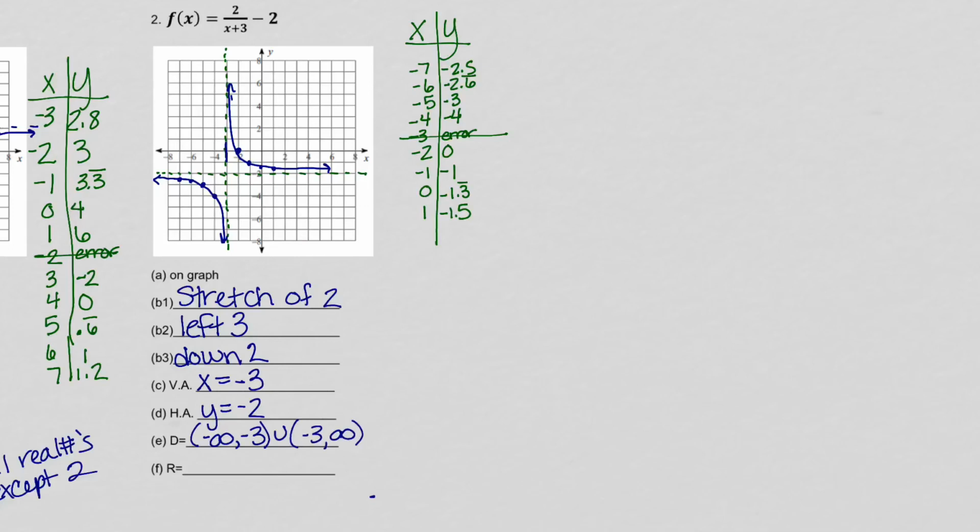But notice no square brackets, because it is not going to actually equal -3, and that's what that U kind of puts in there. So this is all real numbers. You can say it either way. All real numbers except x cannot equal -3. Or you can say all real numbers except -3, whichever.